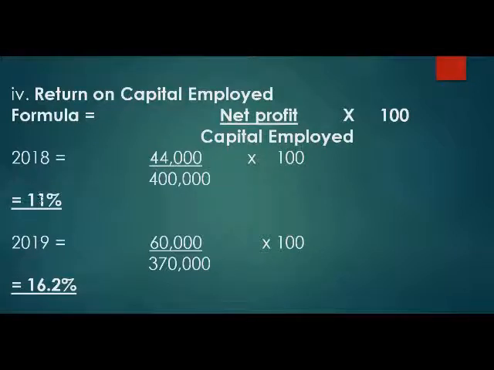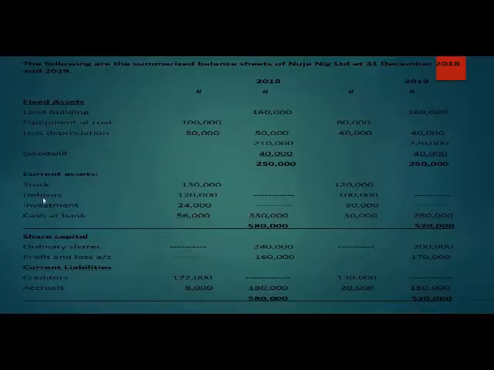Then let's ascertain our capital employed for 2018. Our capital employed for 2018 is 400,000. How do we arrive at the 400,000 capital for 2018? By looking at the share capital, you will see that in 2018, we have 240,000 ordinary shares and the profit and loss account 160,000.